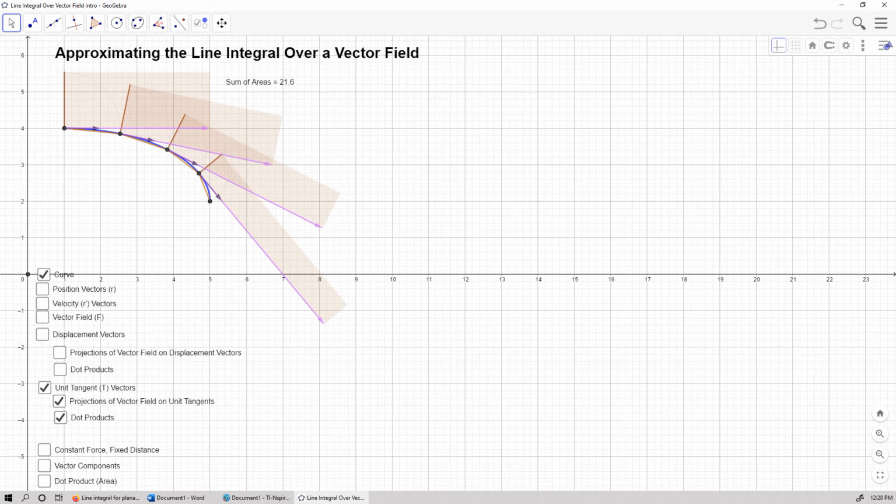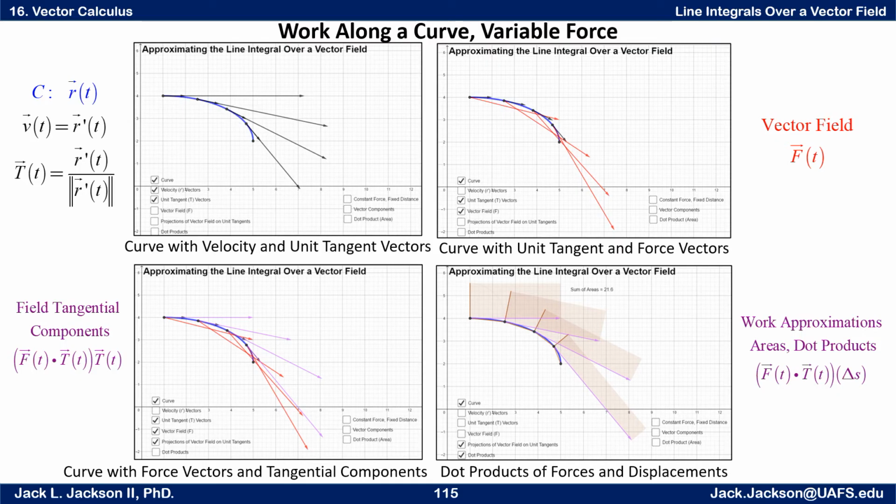All right. So let's go back to here, and we see kind of the same thing. So the curve is r of t. Those are the position vectors. The velocity vectors are the derivative of the r vectors, or what you see in black there on that picture. And the unit tangent vectors are the shorter vectors that you see in black.